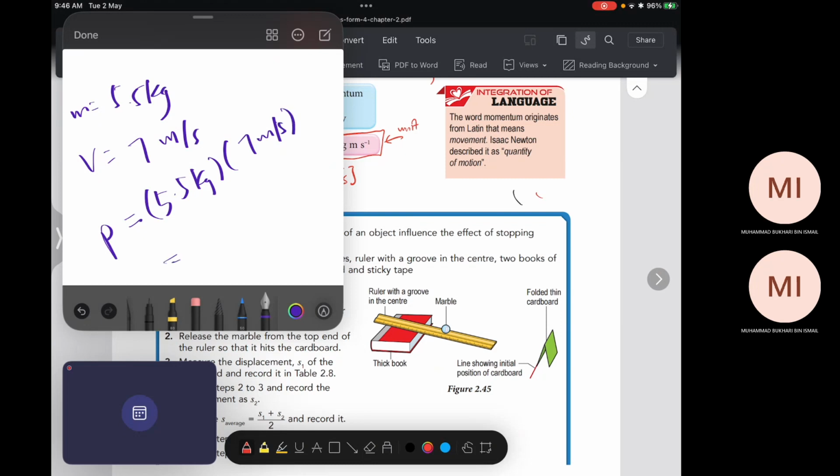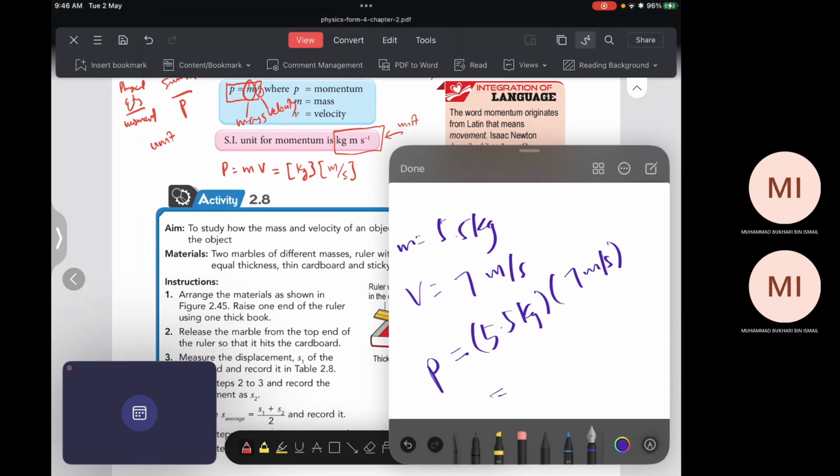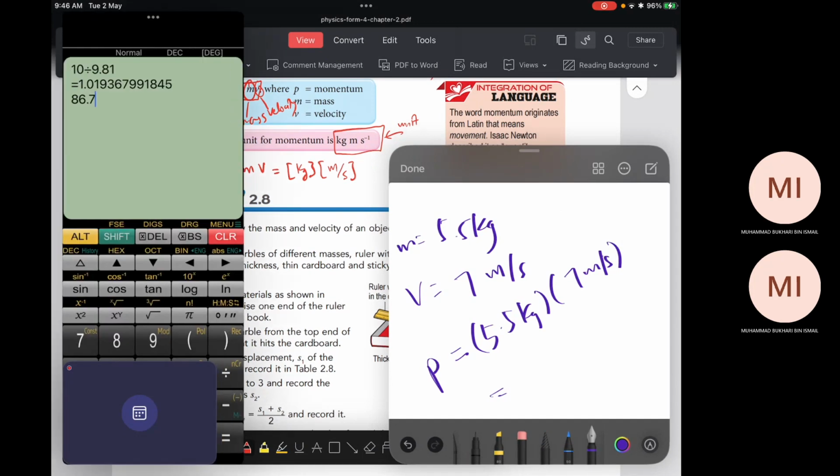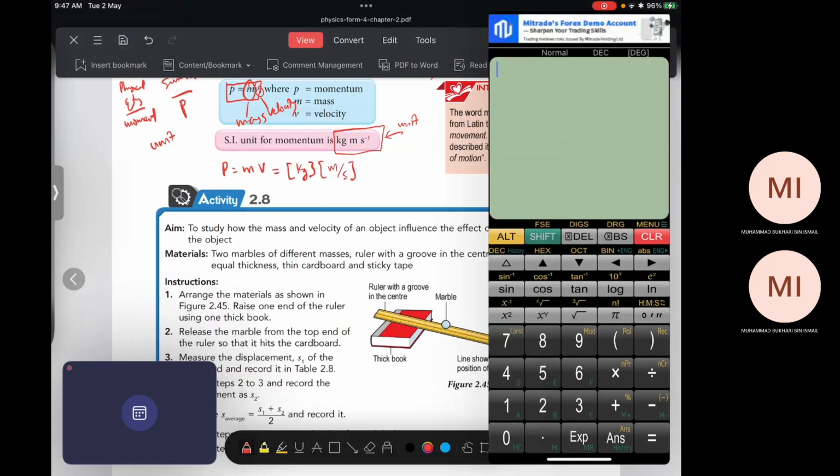So you have calculator. 5.5 multiplied by 7.